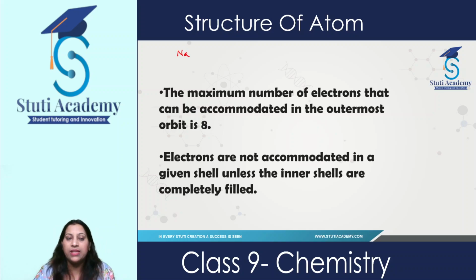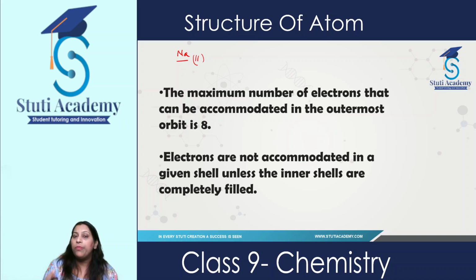First, I'll take an example of the sodium element, and its atomic number is 11. So children, you need to learn atomic numbers from 1 to 20 at least. Only then will you be able to write their electronic configuration. So you have to learn these atomic numbers by heart. Sodium's atomic number is 11.